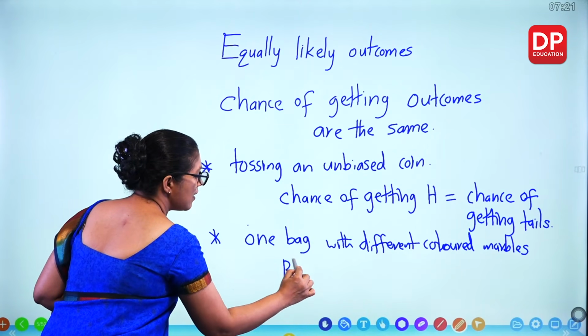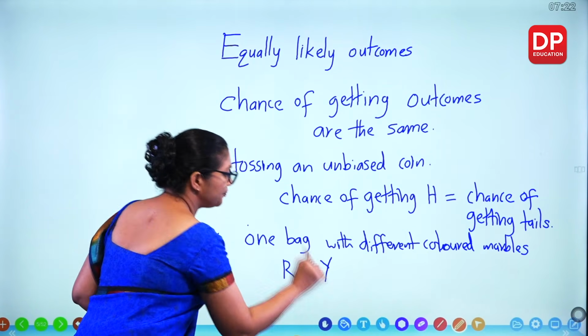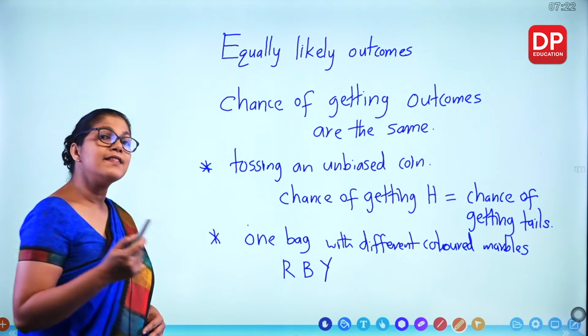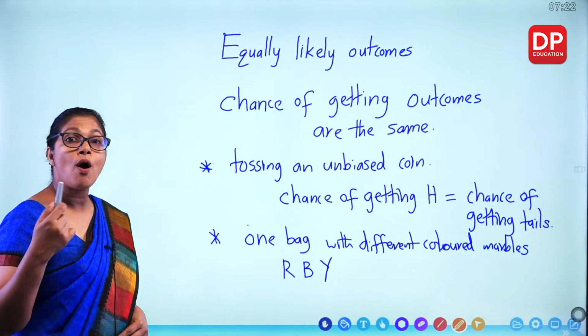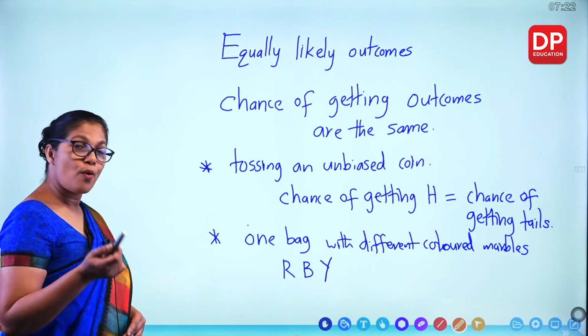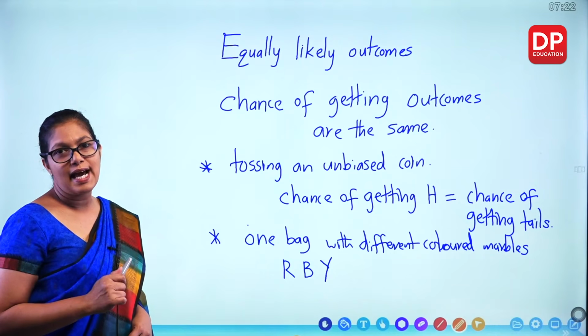Red, blue, yellow. If the chance of getting red is equal to the chance of getting blue, or if it's equal to the chance of getting yellow, we call these outcomes equally likely.